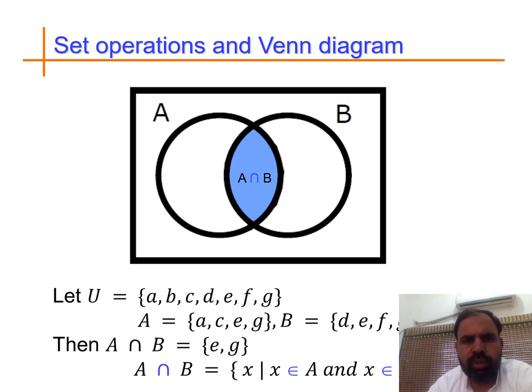Let U be A, B, C, D, E and F, and A is equal to A, C, E, G. These are the elements of this set, and B is D, E, F and G. So A intersection B is equal to E, G. This is the area which shows the intersection of A and B. So we can write A intersection B such that X belongs to A and X belongs to B. These are the elements which belong to both of the sets, set A and set B.